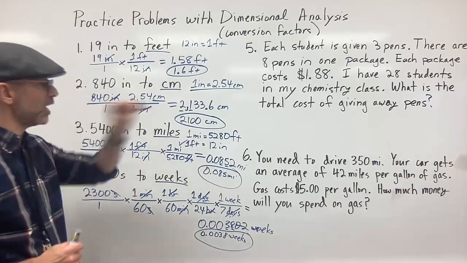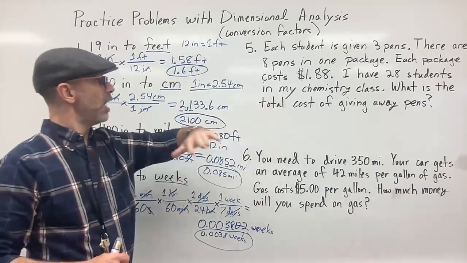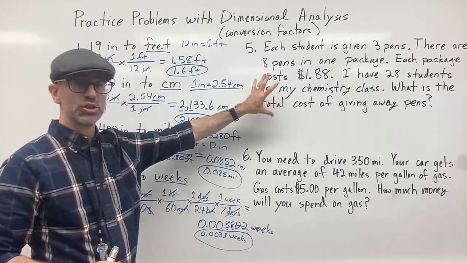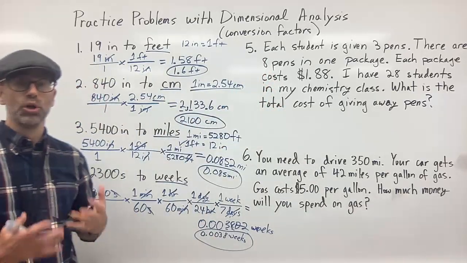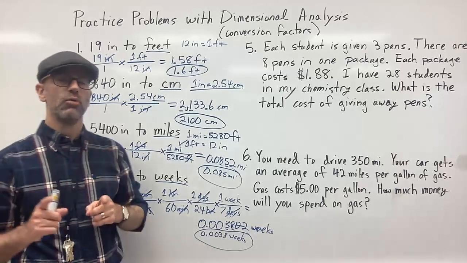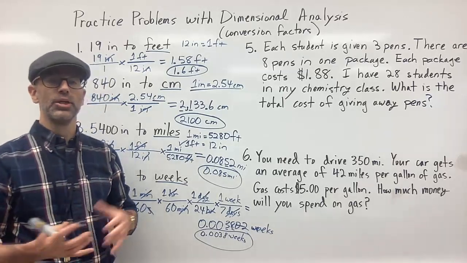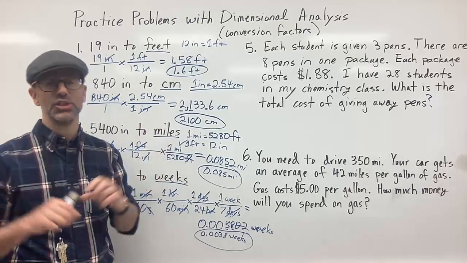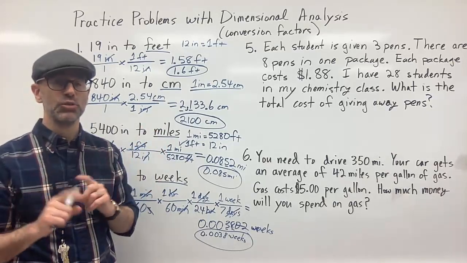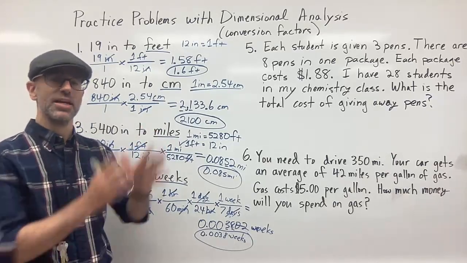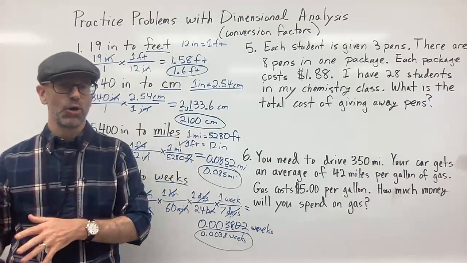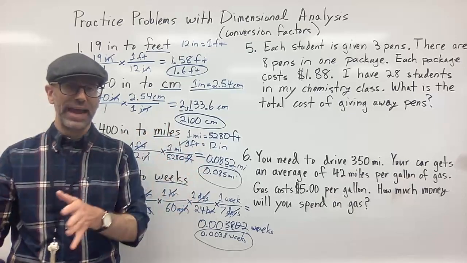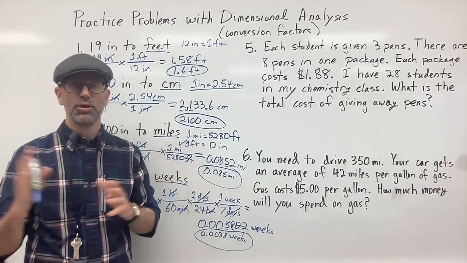All right, here the next two we have are larger, they're word problems. We need to figure out how to do word problems. And so the first thing you want to do when you're doing a word problem is pull out all of the relationships that you have between units. Like if you see something that says something per something, like miles per hour or miles per gallon or minutes per whatever, right?